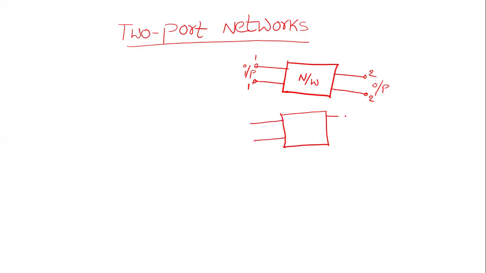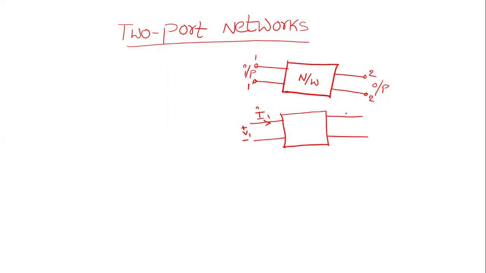At the input terminals, we'll apply some voltage as the input. This is V1, with polarity plus and minus like this, and it will deliver some current I1.